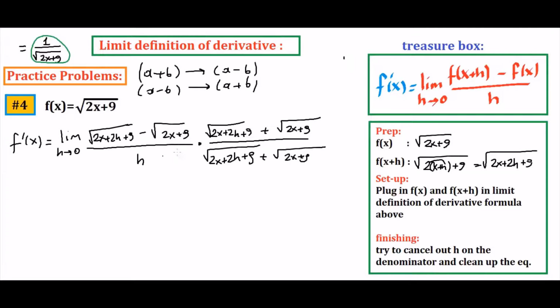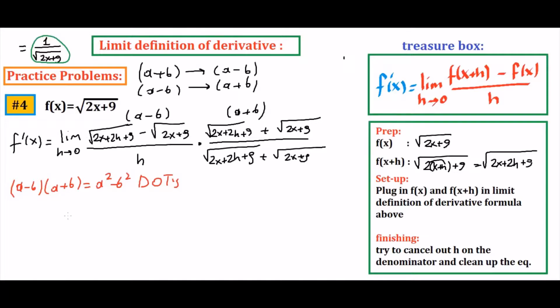Now we can go ahead and multiply numerators and denominators. On top we have an a minus b kind of term times an a plus b kind of term. By definition, a minus b times a plus b is a squared minus b squared, which is the difference of two squares. For this formula, our a term is the first term and our b term is the second term.